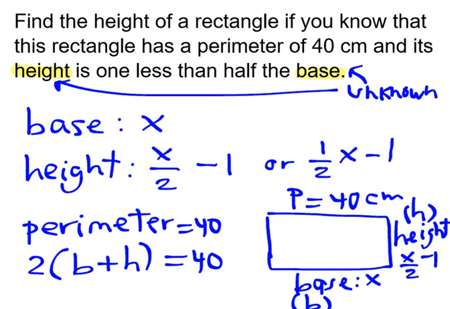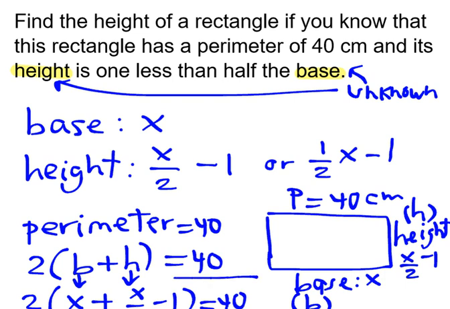And now we're going to replace the b and the h with the variables that we identified at the beginning. So we write 2, and then our base is x, and our h is x over 2 minus 1. This is the equation that we need to solve to find our answer.